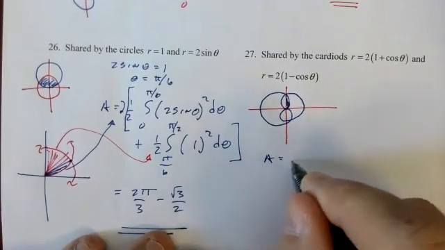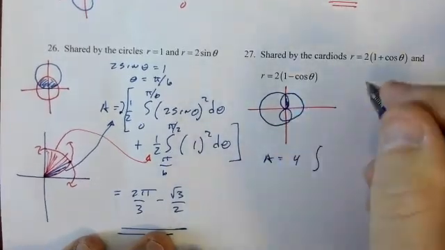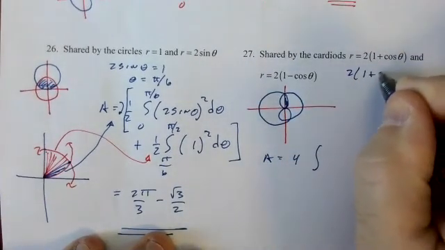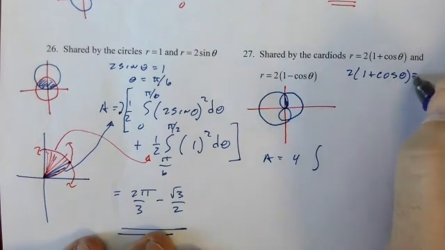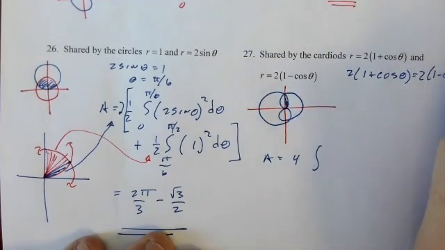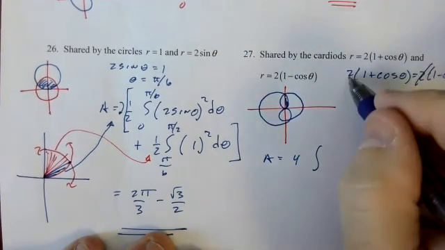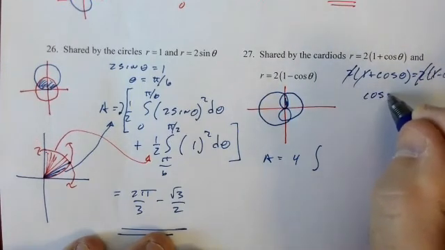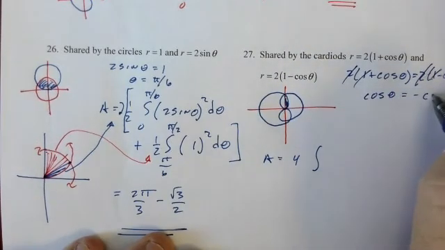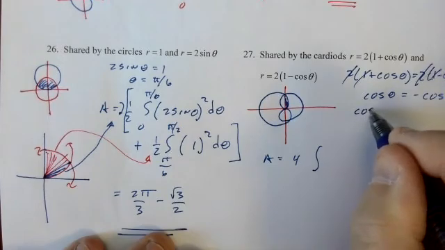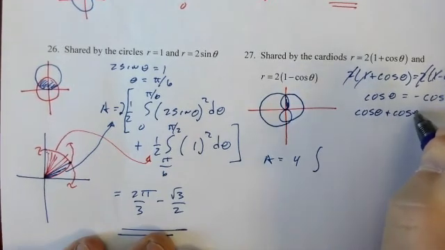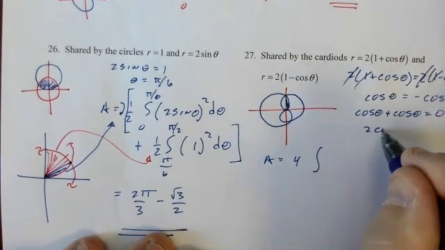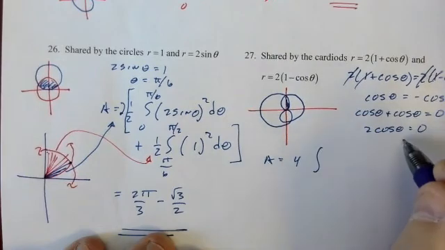So the area is 4 times, where do they intersect? 2 times 1 plus cosine of theta equals 2 times 1 minus cosine of theta, so cosine of theta equals negative cosine of theta. Cosine of theta plus cosine of theta equals 0. 2 cosine of theta equals 0.